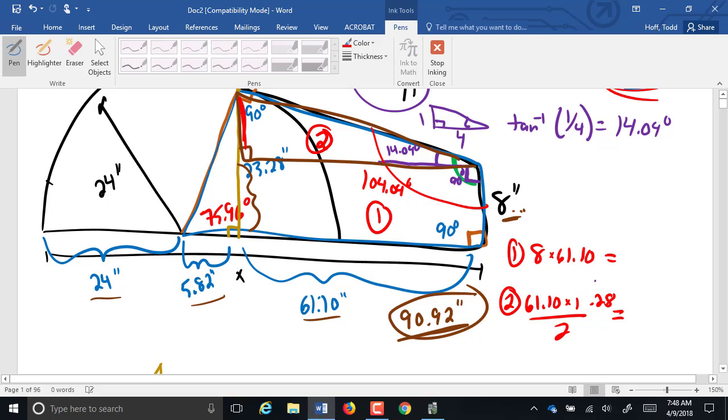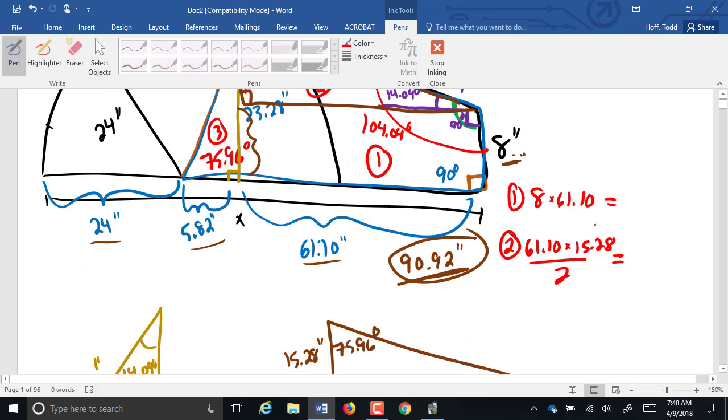Piece 3 over here is 23.28 by 5.82, again divided by 2 because it's a triangle.